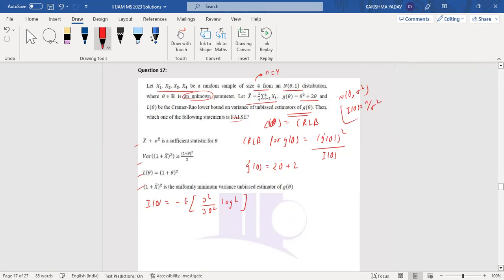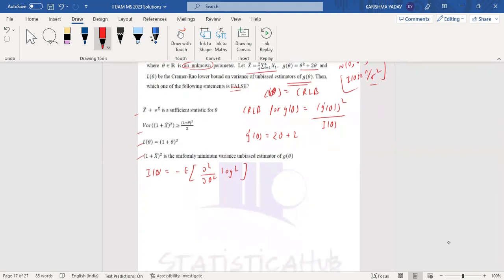When we do more problems, we just memorize some results. But if you didn't memorize this, then you can simply calculate it. Let's see what my I(theta) will be by using computations.